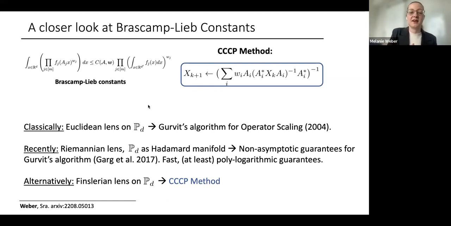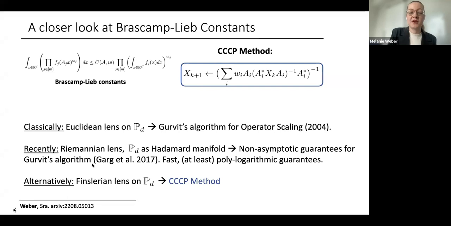So treating the positive definite matrices as a manifold, as we've done throughout this talk, and then using the geodesic convexity of this problem to derive non-asymptotic convergence guarantees for the algorithm.